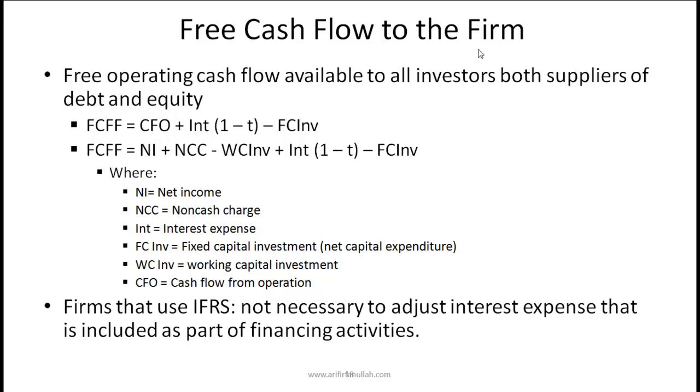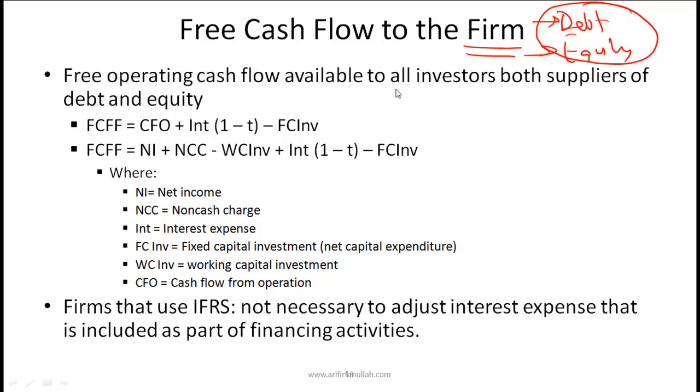Free cash flow to firm. When we say firm, we need to take the perspective of both debt holders as well as equity holders. Both debt holders and equity holders are considered investors. So free cash flow to firm means the total cash flow that is available to all the investors.